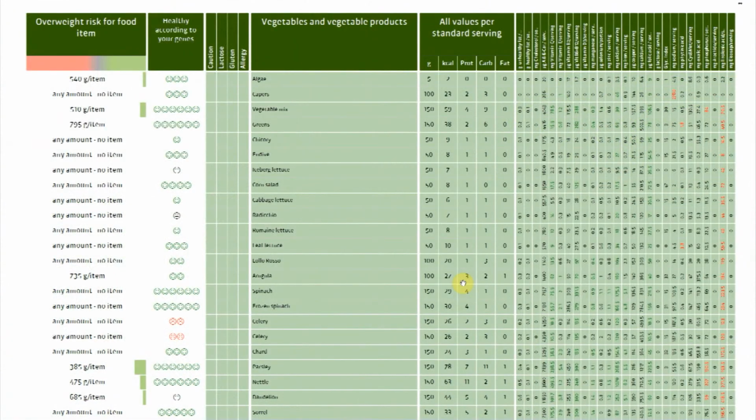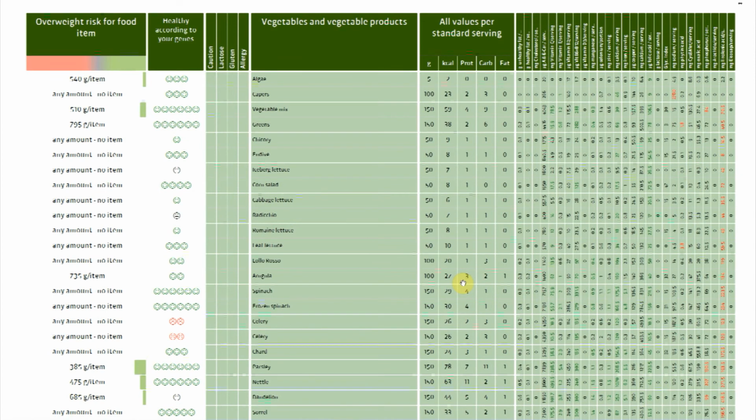And the mode of recommendation is with smiley faces, so it's very easy to understand. 6 happy smiley faces is the best you can have. It just means that vegetable mix in general is very healthy for you. It contains a lot of vitamins and minerals that you require in a higher amount based on your genetics, and it contains very few substances that are a problem for your health. 1 smiley face is less healthy than 6 smiley faces.